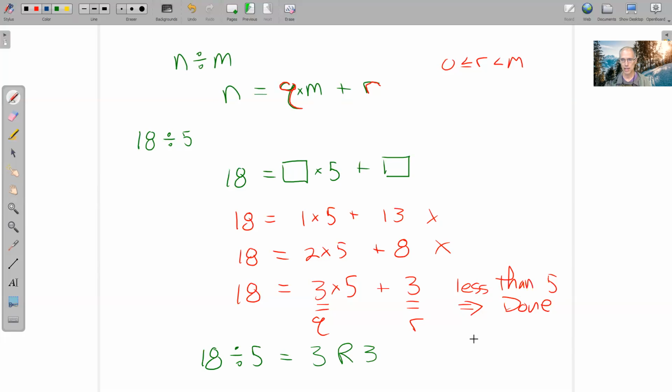We might say that 18 divided by 5 is equal to 3 and 3/5. 3 out of 5, right? Because we were taking this out of 5. So this is an alternate for older kids. This is the younger kid version.